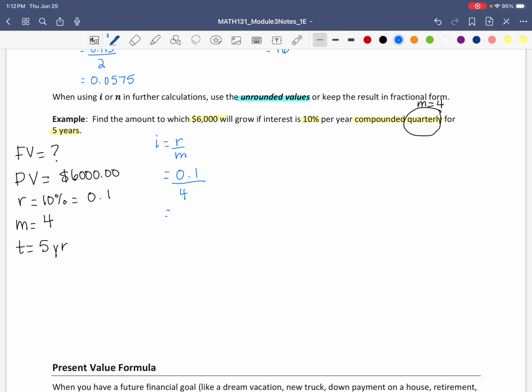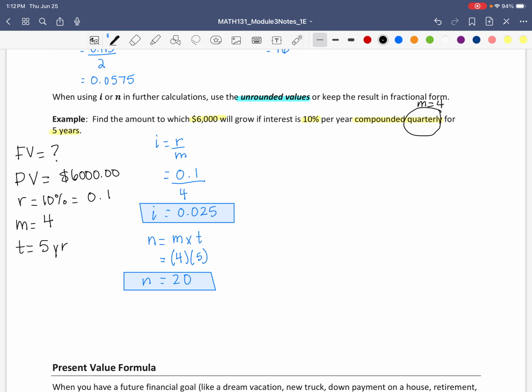And again, this becomes a nice decimal, so we can leave it as a decimal. And then for our N value, that's going to be equal to M times T. So if M is equal to 4, T is equal to 5, then we get an N value of 20. So we're actually going to use these two values here in our formula. So this is our I value and this is our N value.